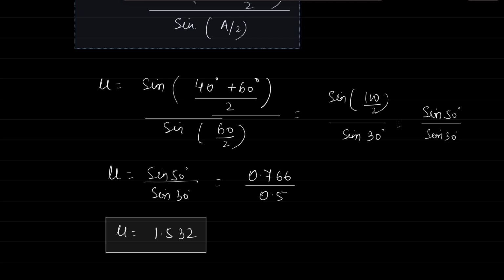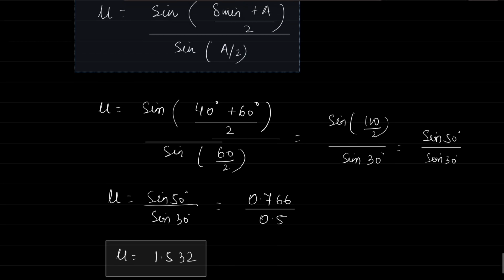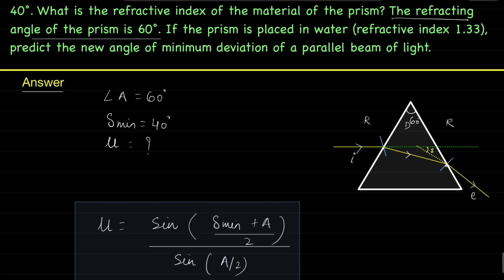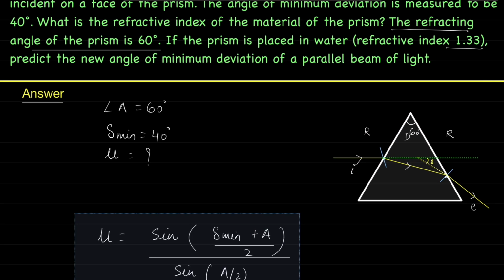Now in the second part, we have to find minimum deviation if the refractive index is already given. So here the refractive index is given as 1.33 and the prism is placed in the water. It means, what change happened in the second part? Initially we assumed that the rarer medium is air.